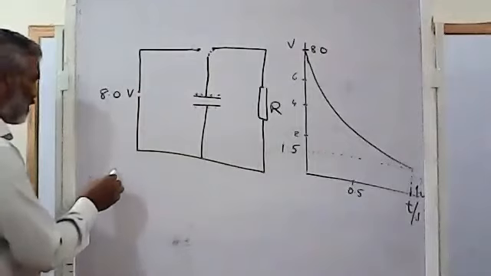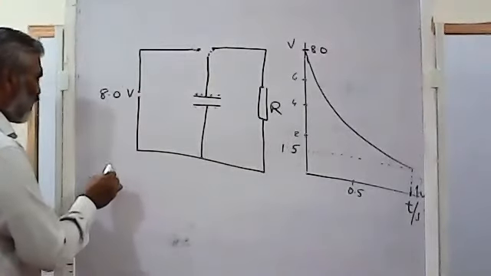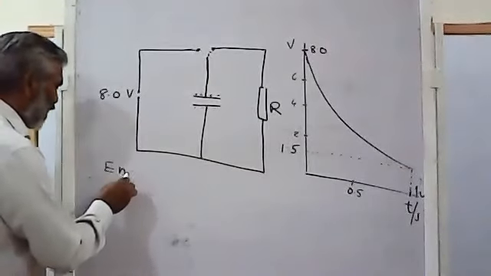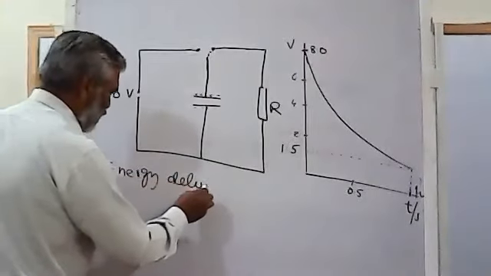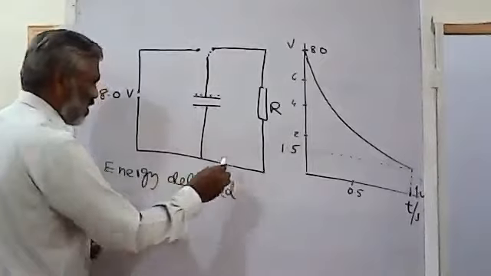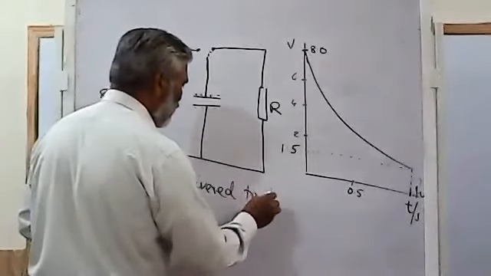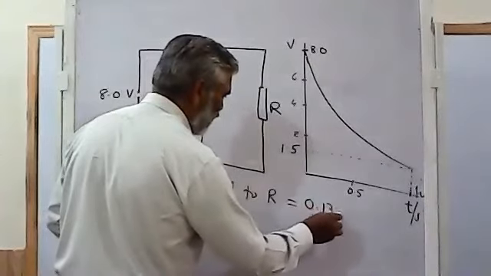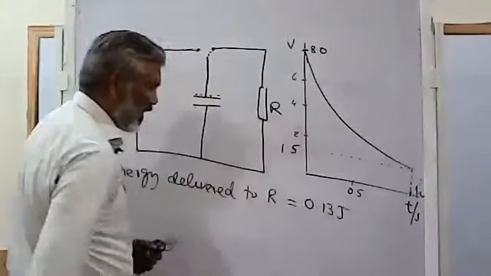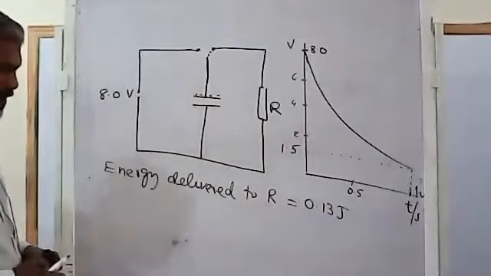And during this time, suppose we know the energy delivered to resistance R is equal to 0.13 joules of energy. This is given in the question.